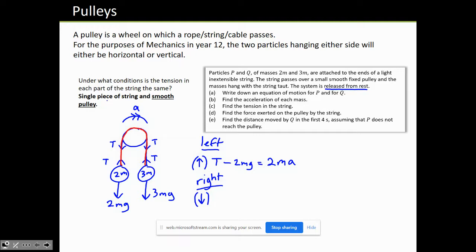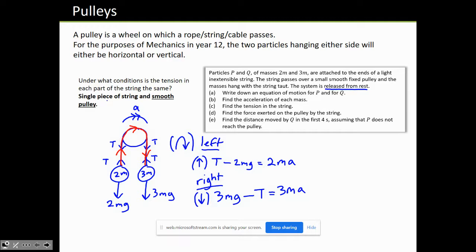So if we follow the system as a whole, what's up here comes down here. So in the downward direction here, we have 3mg take away T equals mass times acceleration, so 3ma. And those would be two equations of motion for P and Q.